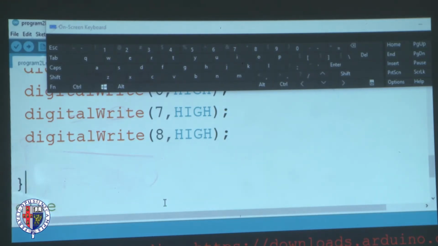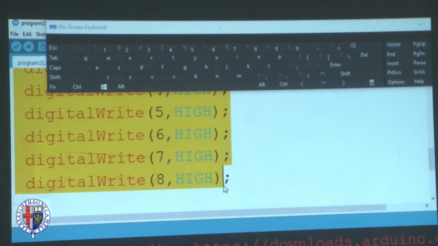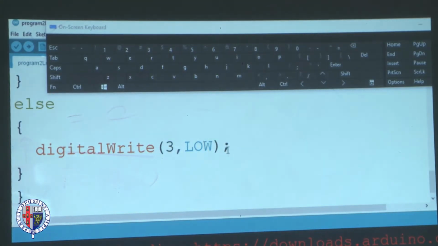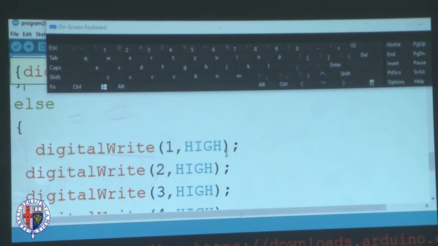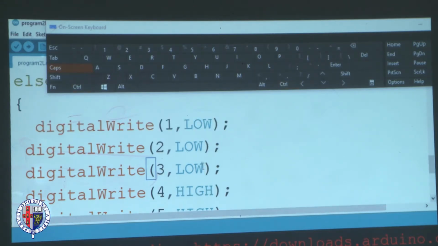So that's what happens when 1, 1. You need to copy this, so just activating all the lights instead of one.